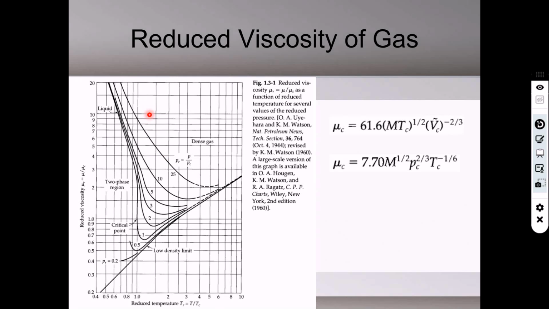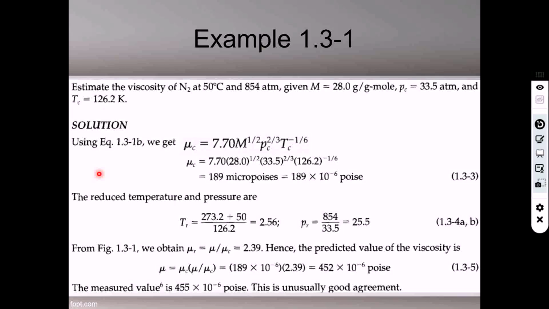And you have TR 2.5, somewhere here, and this curve, and finally we get something here, 2 point something for the UR. So he finds the UR is 2.39, which is pretty close to what we get.